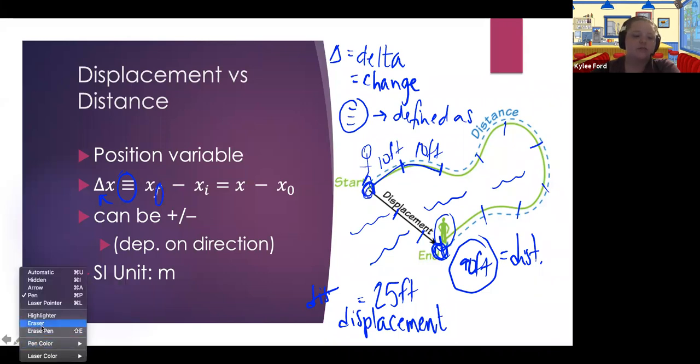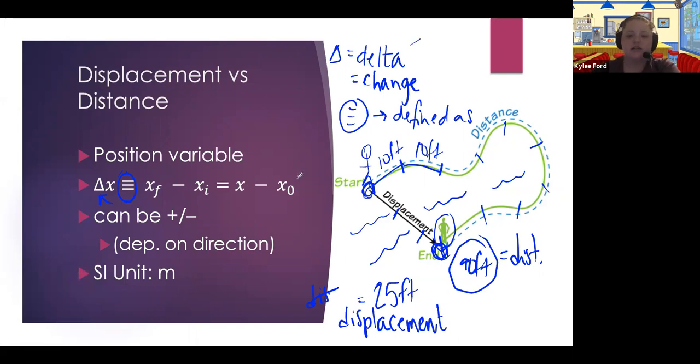In your textbook, it represents it this way: x minus x naught. That little 0 there is pronounced naught.